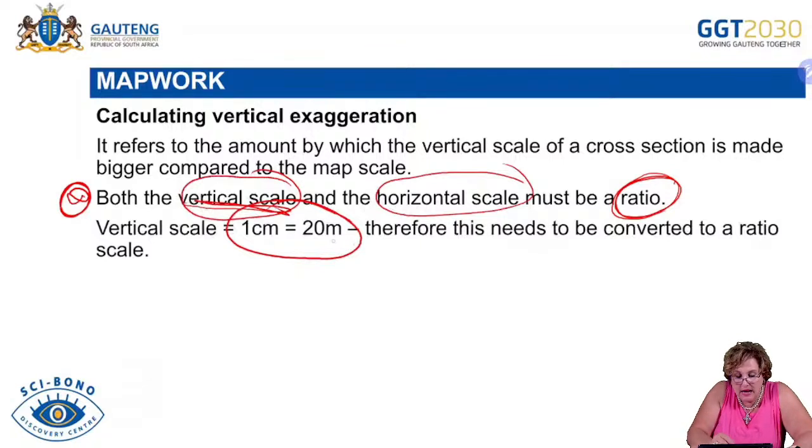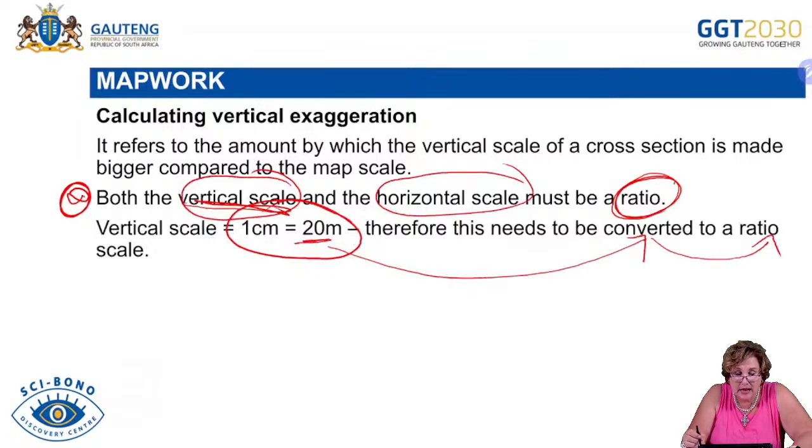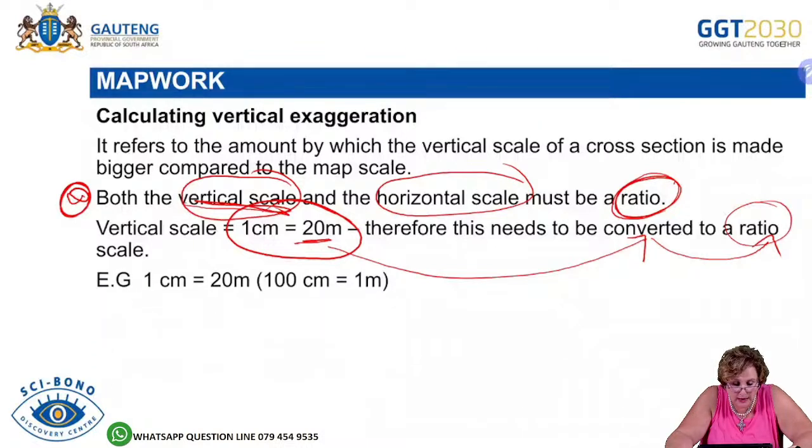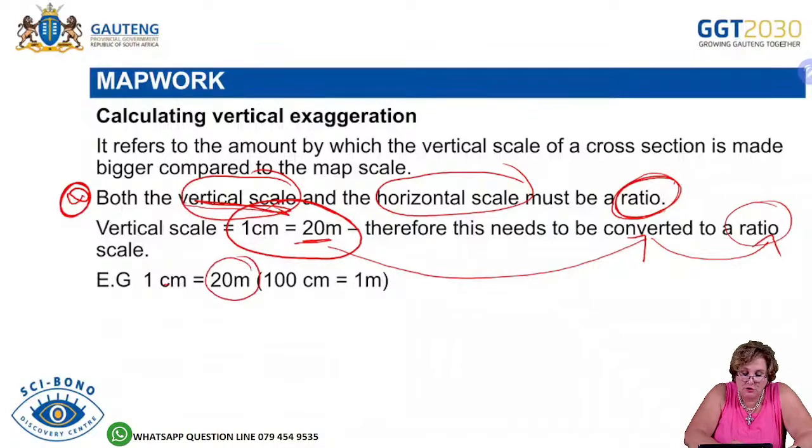So what must I do with my vertical scale? I must convert my word scale to a ratio scale. That is step 1 before you calculate vertical exaggeration, but only if the vertical scale is not a ratio scale already. So I have 1 centimeter to 20 meters.